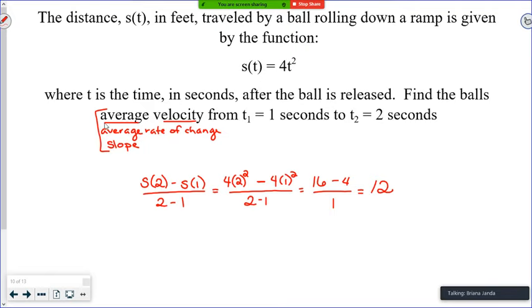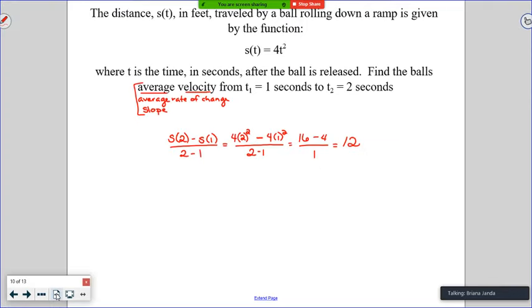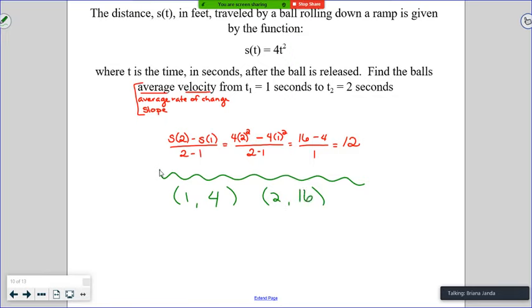Again, if this formula is just kind of messing with your head, option 2 would always be to do this. Make this your x1 and your x2. Go to the formula to figure out what it is when I plug in 1. If I plug in 1 here, I get 4. If I plug in 2 here, I get 16. And then ignore everything else going on and put that into your y2 minus y1 over x2 minus x1.